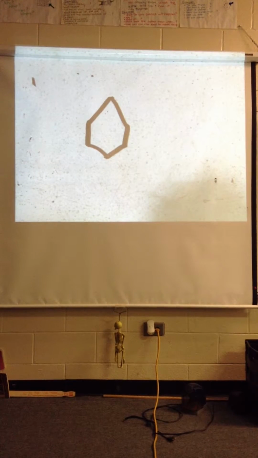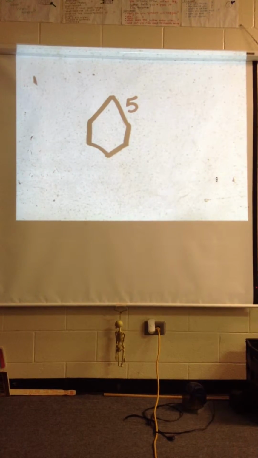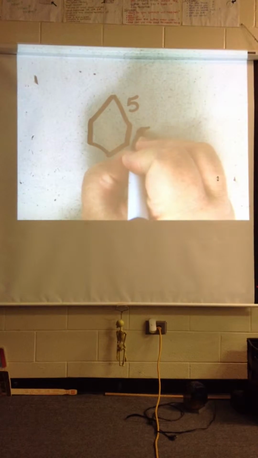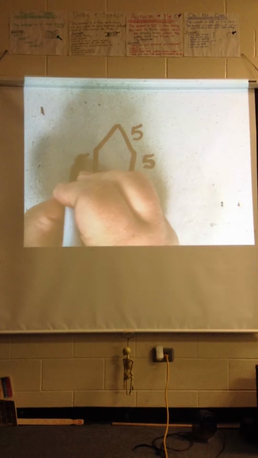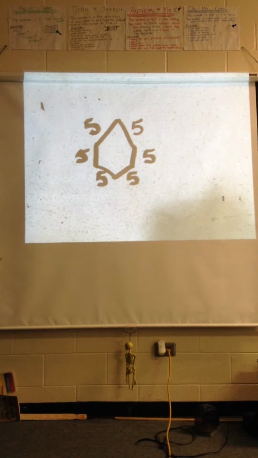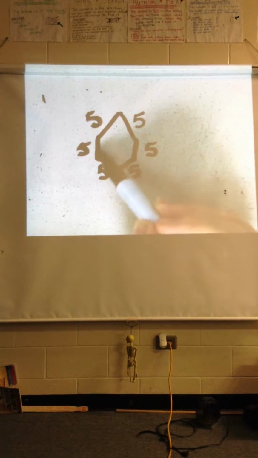Now that's not to scale. But if I know that I just said that it has side length of 5, then I'm going to assume I didn't say anything else, so all side lengths will be 5. I need to go back and check and make sure it is a 6-sided figure. 1, 2, 3, 4, 5, 6.